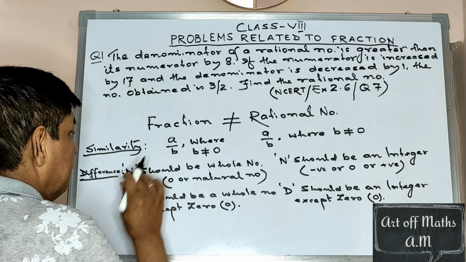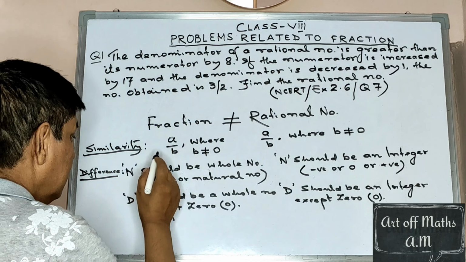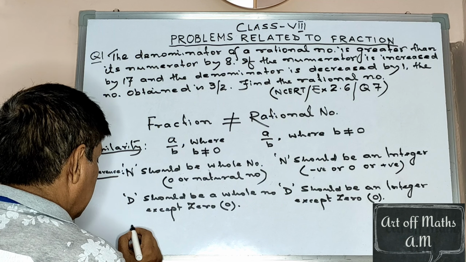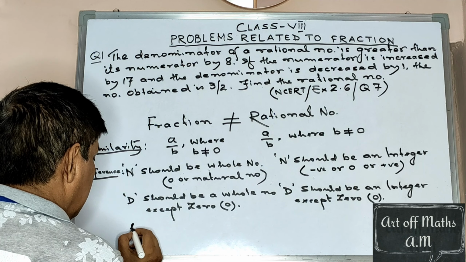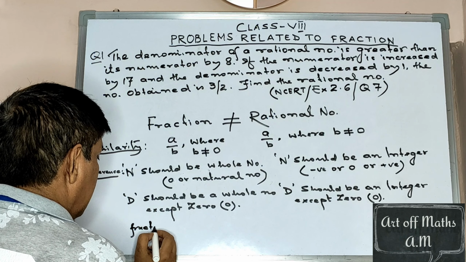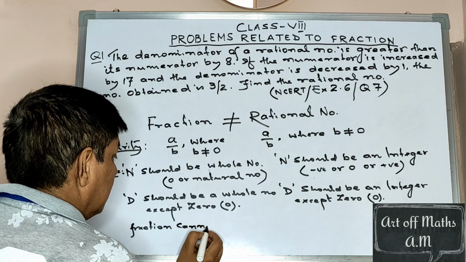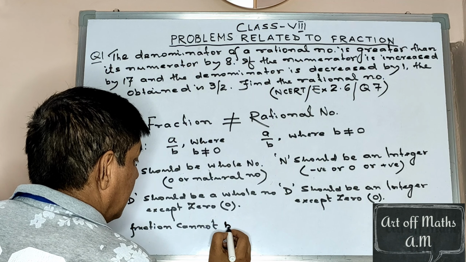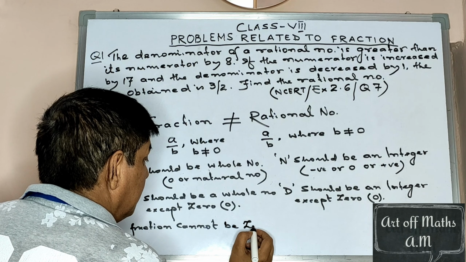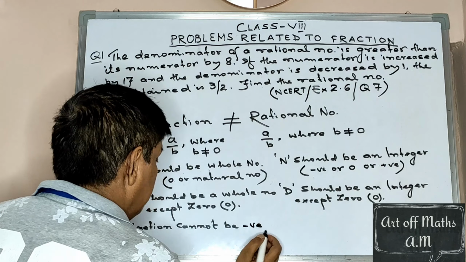Now, a by b in case of fraction cannot be negative.